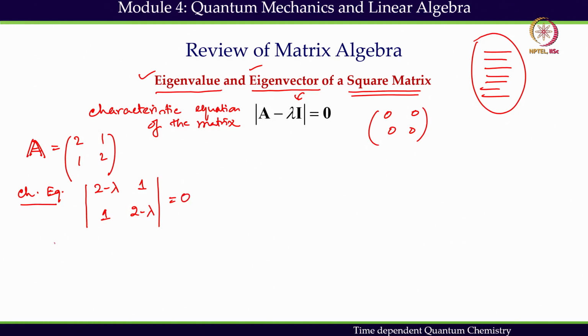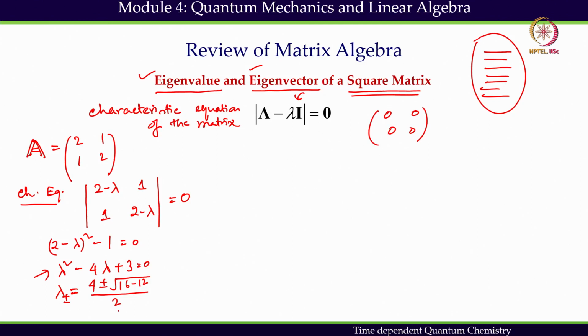The determinant can be simplified as follows: (2 minus lambda) whole squared minus 1 equals 0, or lambda squared minus 4 lambda plus 3 equals 0, or I can write lambda equals plus or minus. 2 values I will get, because the order is 2, second order. So, I will be able to get 2 values, which is going to be 4 plus or minus square root of 16 minus 12, divided by 2. This is the root finding.